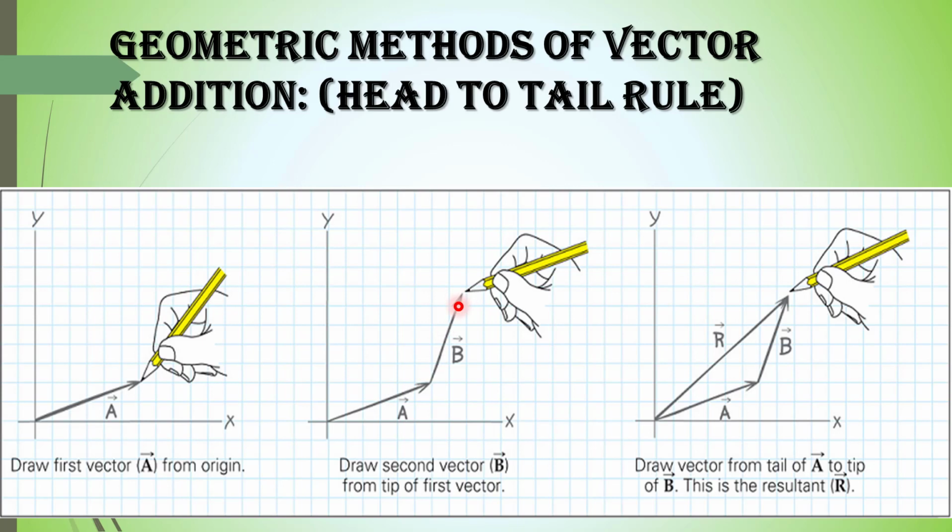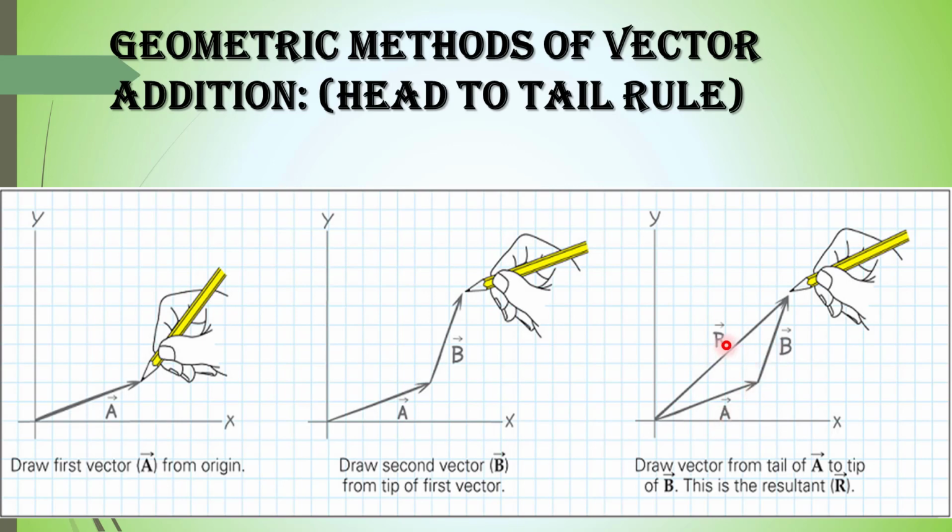We have to draw it over here. To find the resultant of these two vectors, we draw another vector whose tail coincides with the tail of the first vector and whose head coincides with the head of the last vector. This vector gives us the resultant of vector A and vector B.